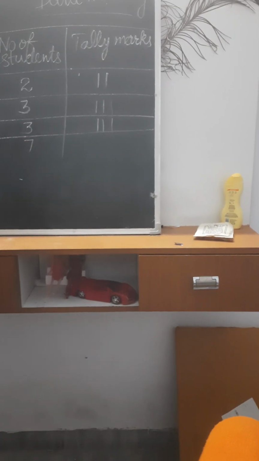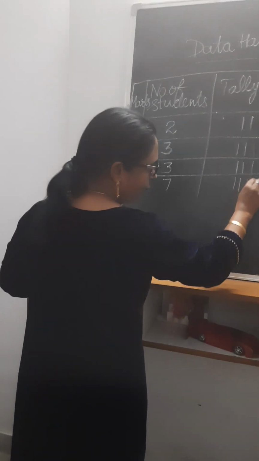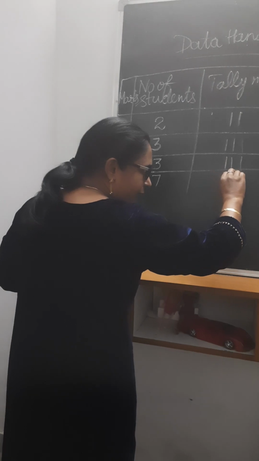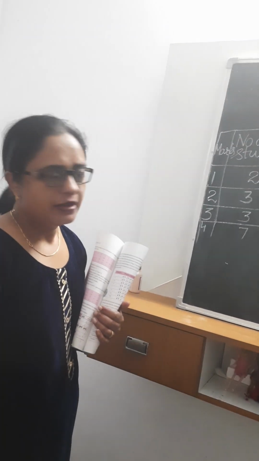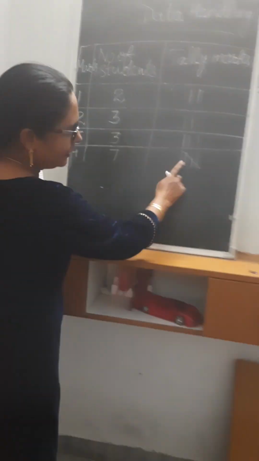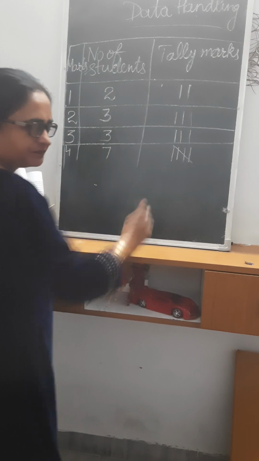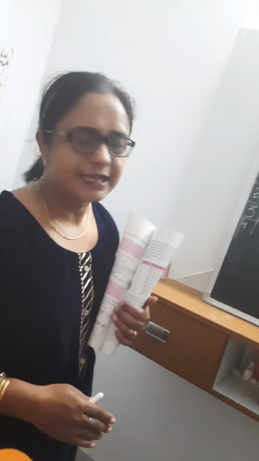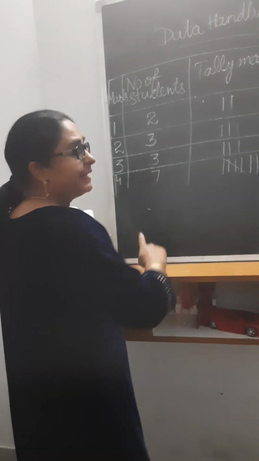And how to write in tally marks? 1, 2, 3, 4, and the fifth will be a vertical line cutting these 4 lines. This vertical line means 5. Then 6, 7. Okay, so we have written this in tally marks. Marks 4 is repeated how many times?